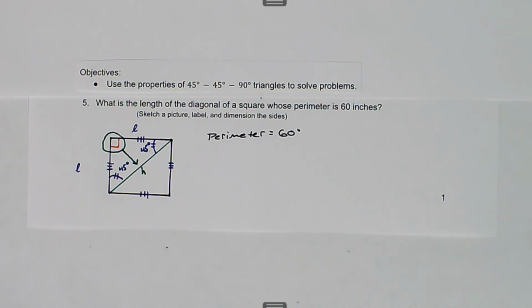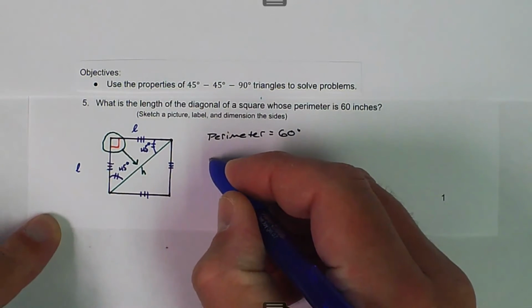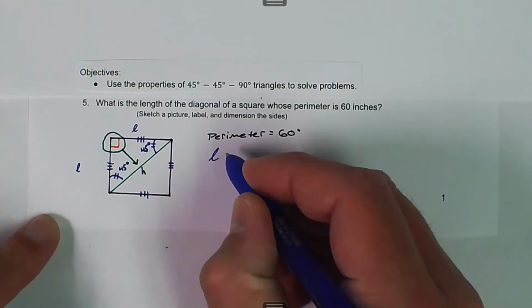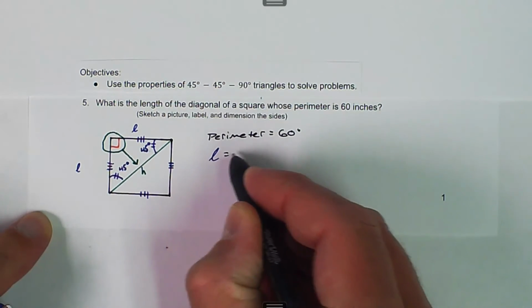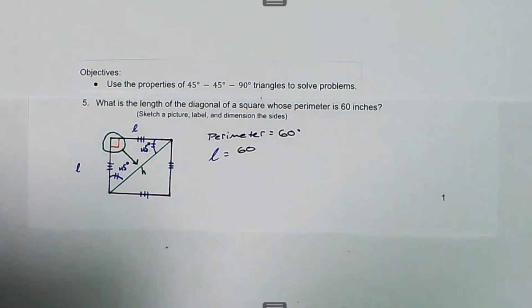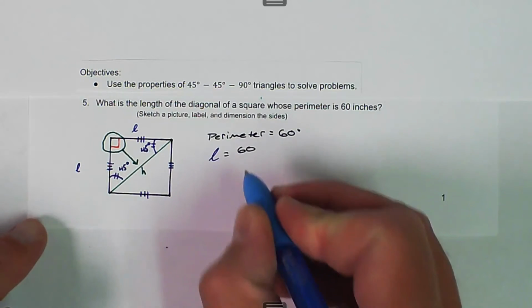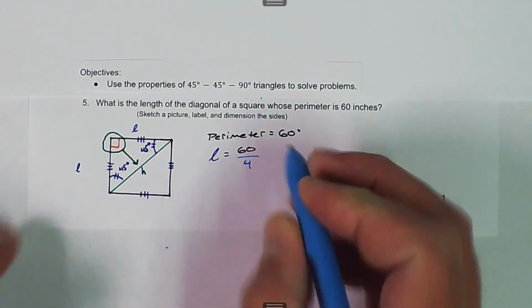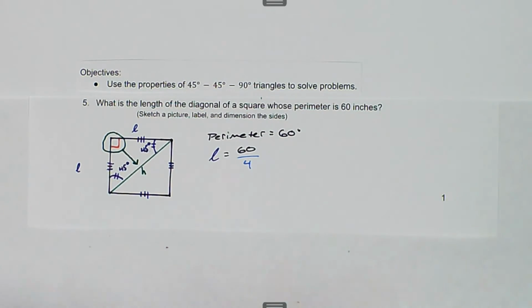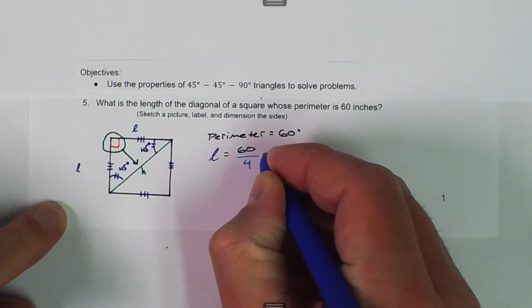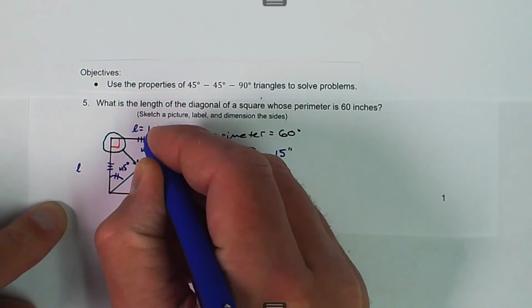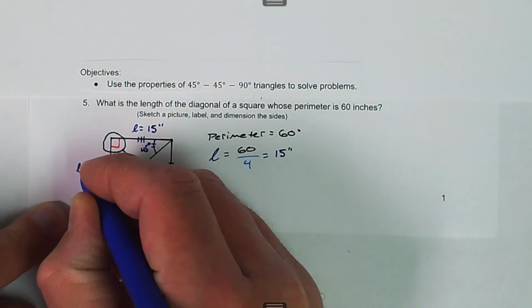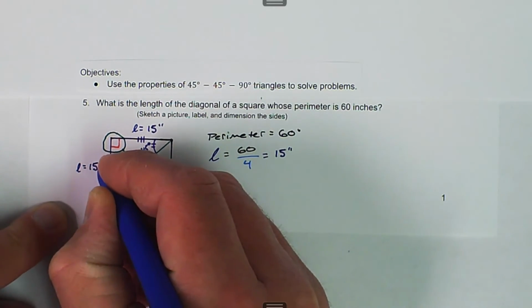So the length of the side is going to be equal to 60 divided by 4, because all the sides are equal and there are 4 sides in a square. So 60 divided by 4, and that tells us that that is equal to 15 inches. So each side is equal to 15 inches.